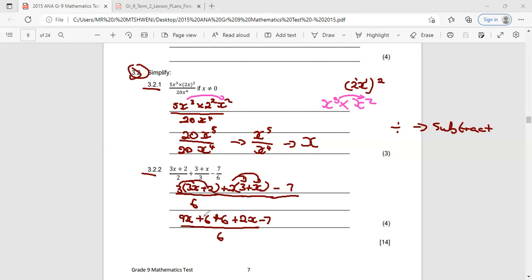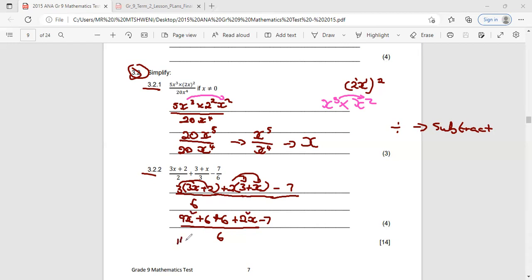Then we'll simplify what is on top. Let's start with the one that has x. 9 plus 2, 9, 10, 11.